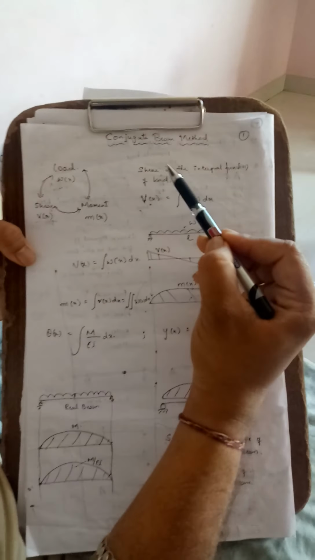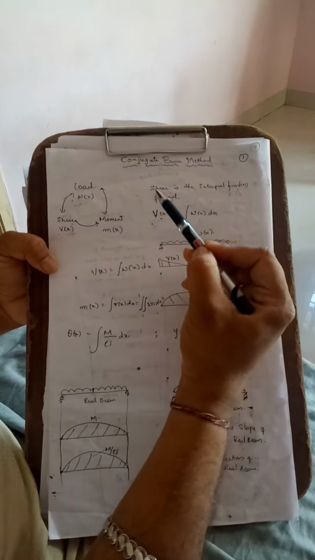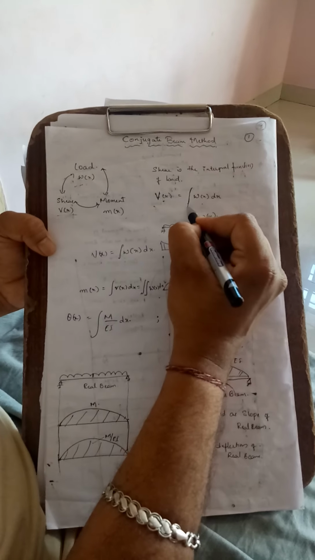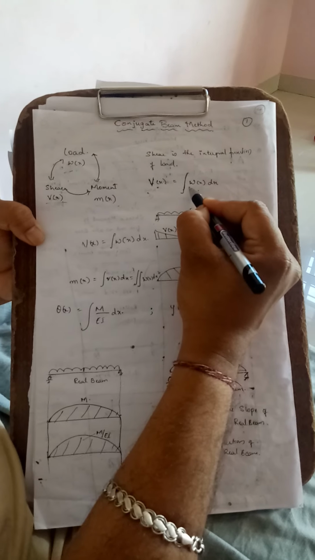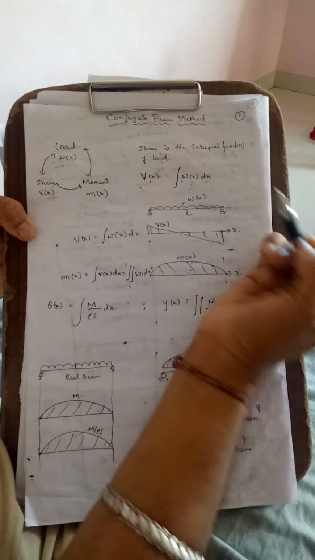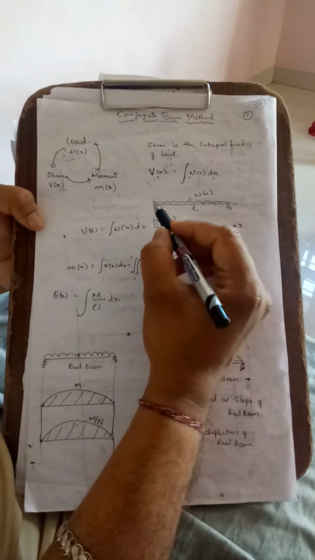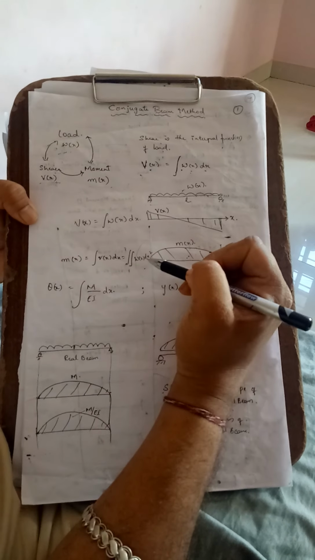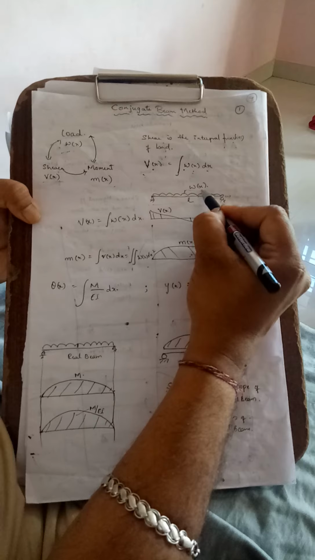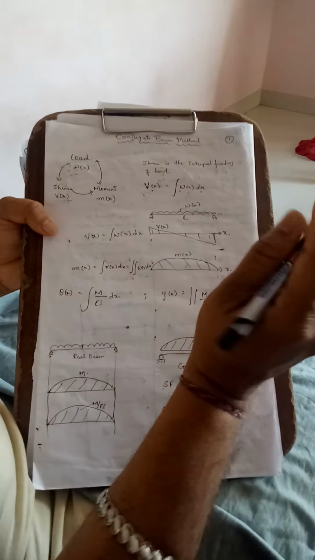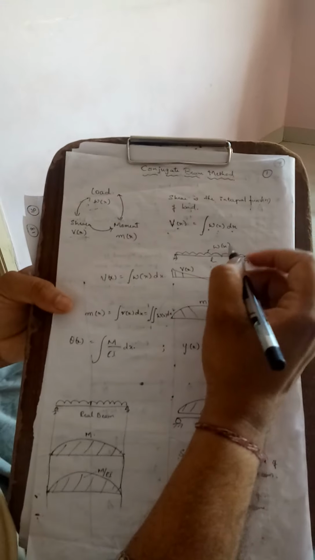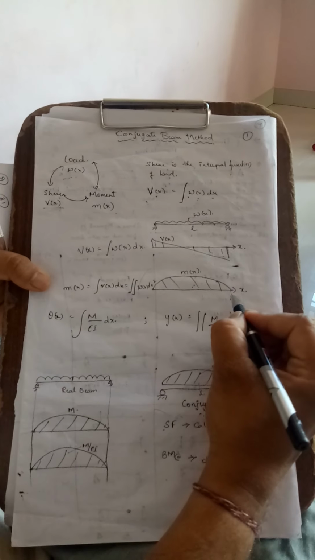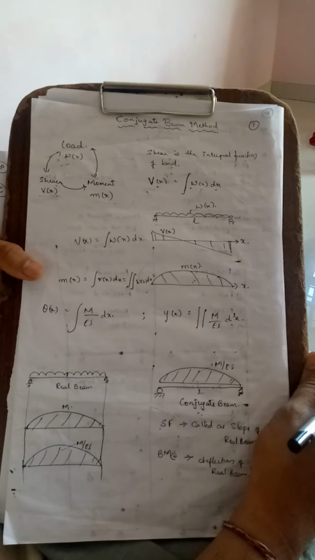Shear is the integral function of load, that is V of x is equal to the integration of W of x dx. For example, this is the beam. A UDL of W of x is acting on a beam of length L. So we draw the SFD, this is the shear force, and this is the BMD, the bending moment diagram.